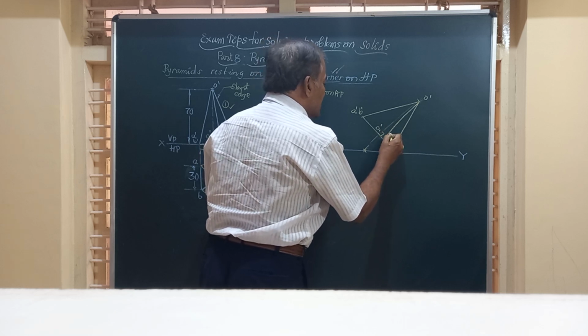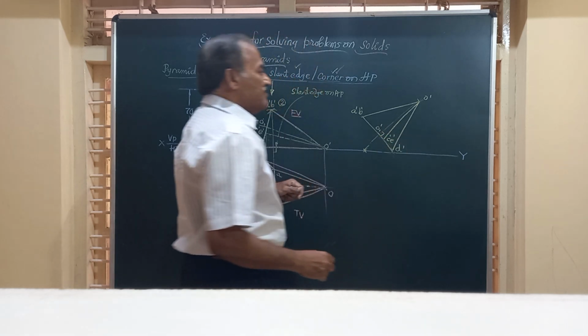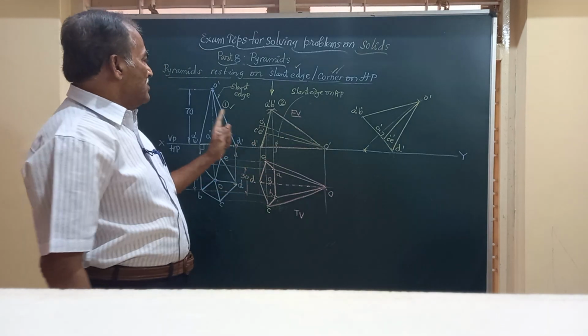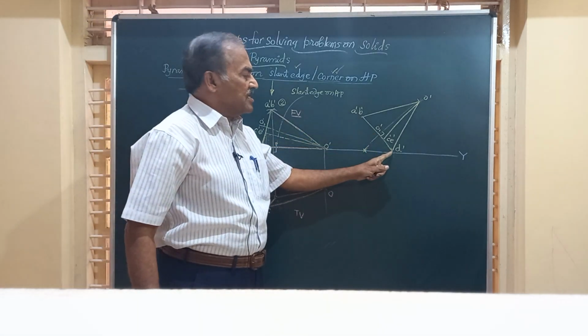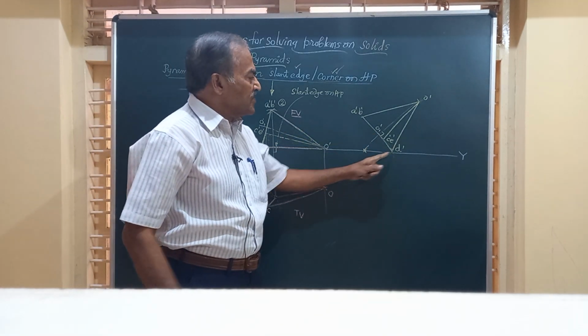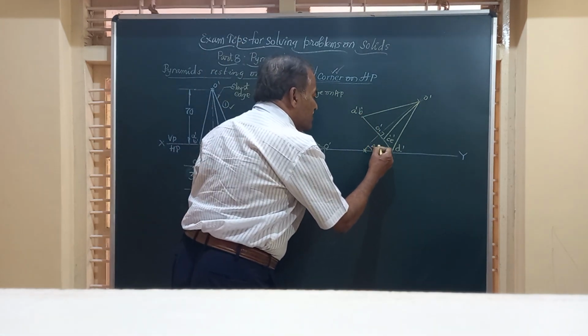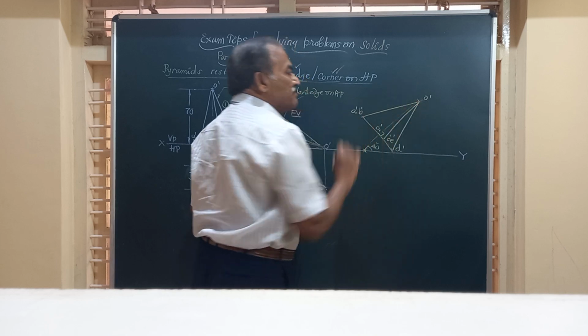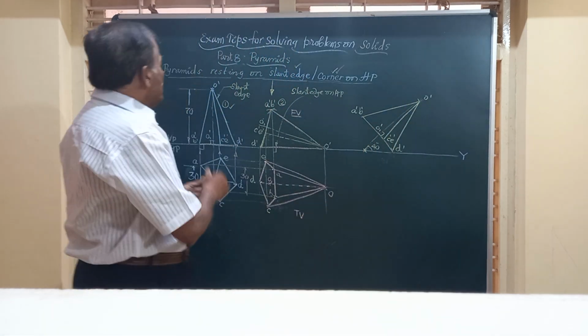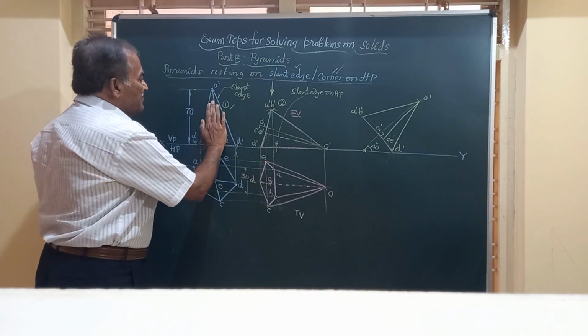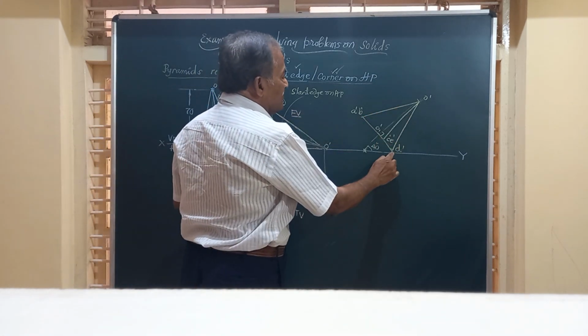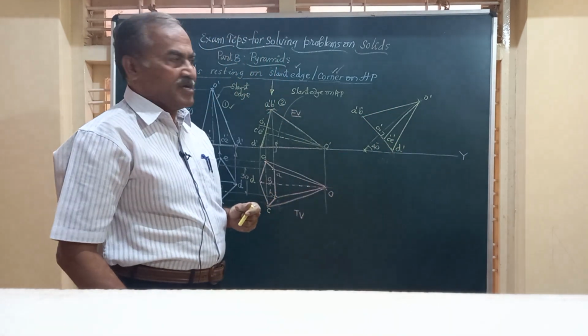Say this is C dash, comma E dash, and friends, now you observe that the solid is resting on a corner on HP, and say the axis is at an angle of 40 degrees to HP. That will be specified in the problem. I have reproduced this figure here, as a figure with D touching XY.